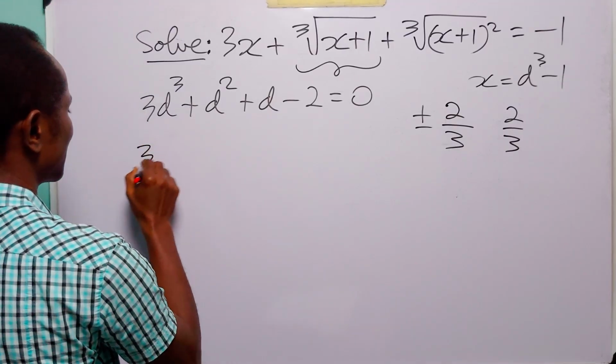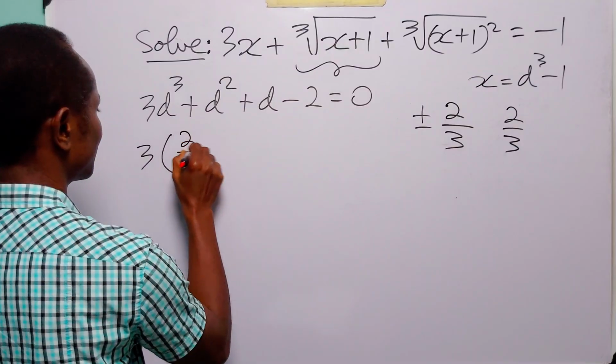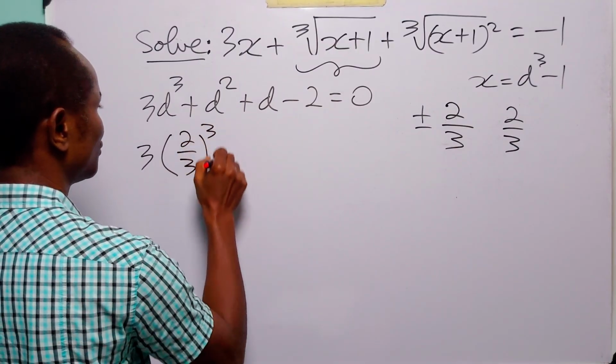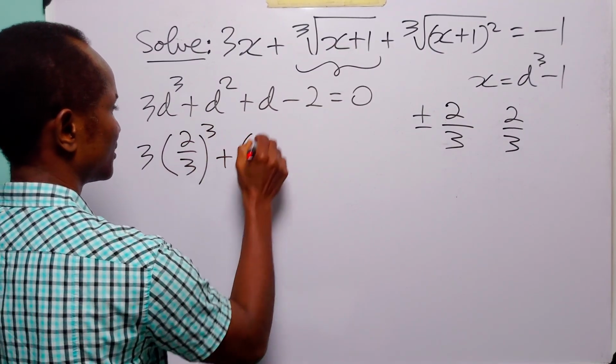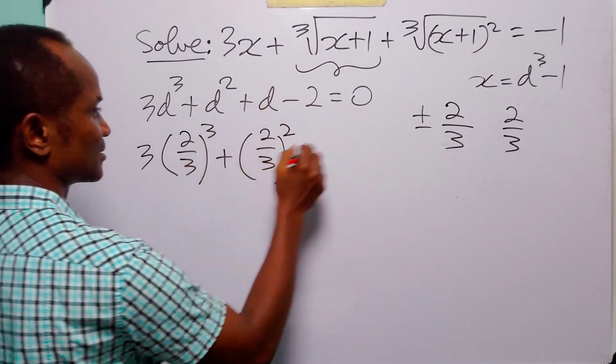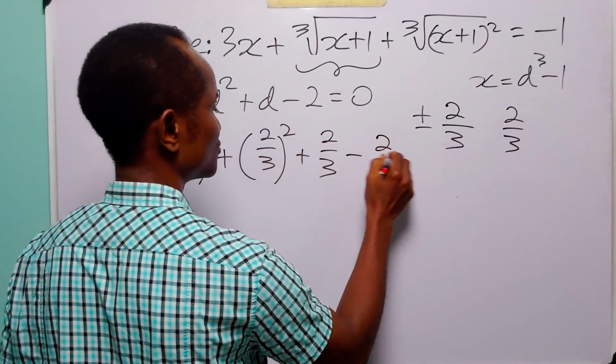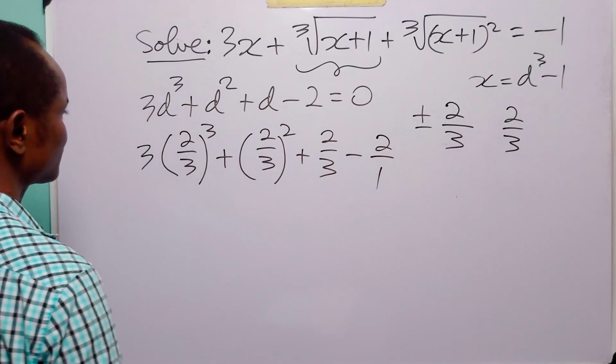We have 3 multiplied by d, which is now 2 over 3 cubed, plus 2 over 3 squared, plus 2 over 3, minus 2 over 1.